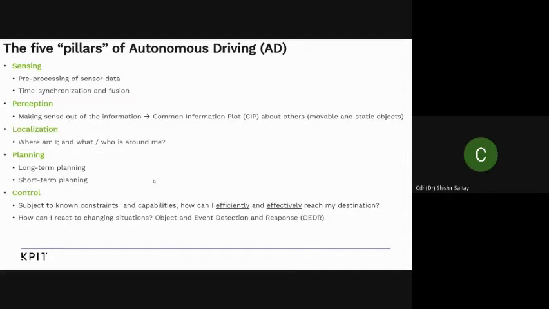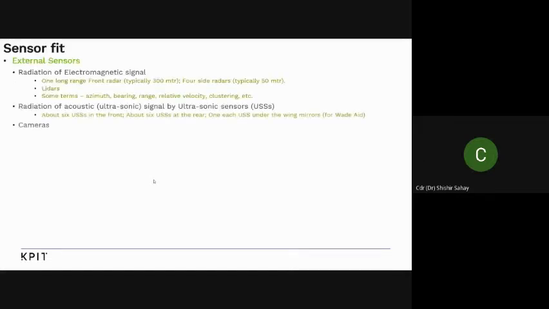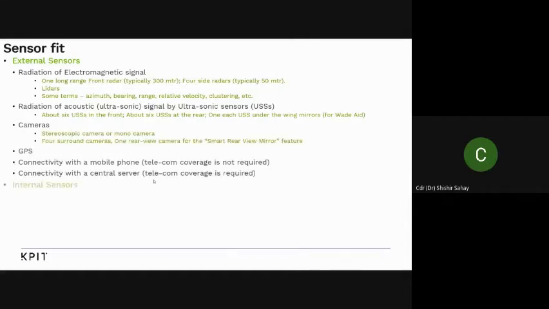Control also requires you to react to a changing situation, which we call object and event detection and response: detection of an object, detection of an event, and my response to that detection. Very quickly, a washerman's list of all the sensors fitted on a modern-day vehicle.